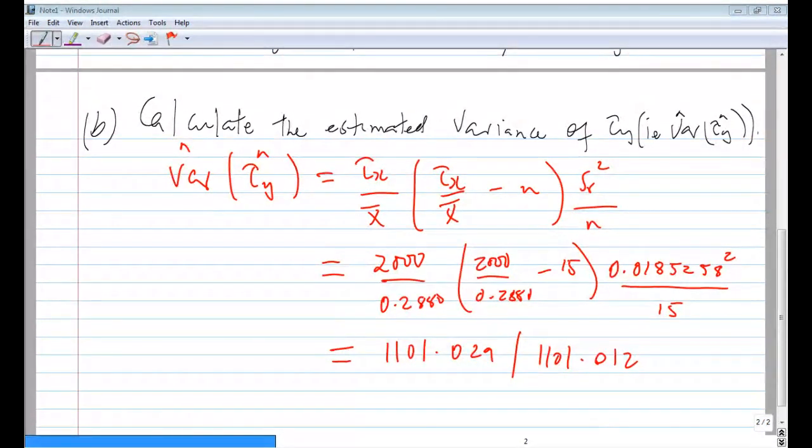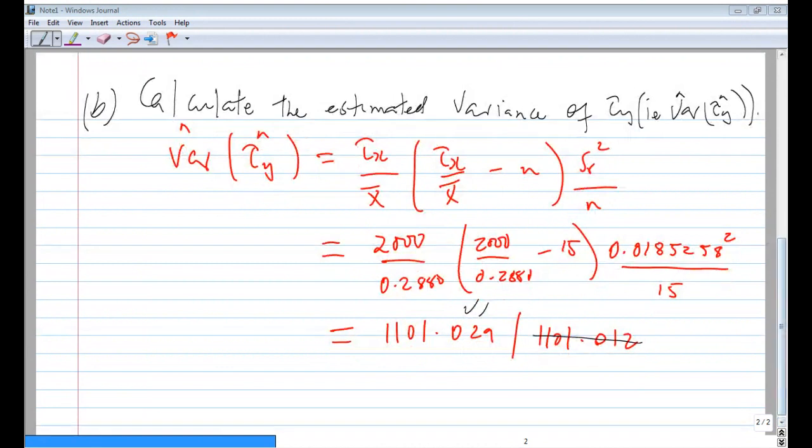Are you all getting the same answer? Which one are you getting? The first one, sir. All of you are getting this one. Okay. If that is the case, then I made a mistake. Let me cancel it. So the answer is 1101.029. Now, let's find a bound on the error of estimation.